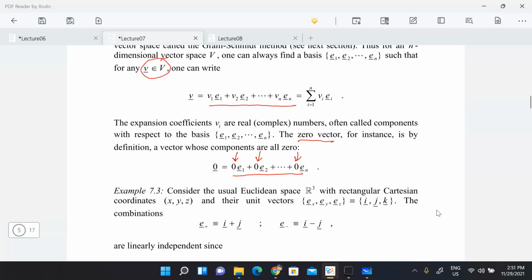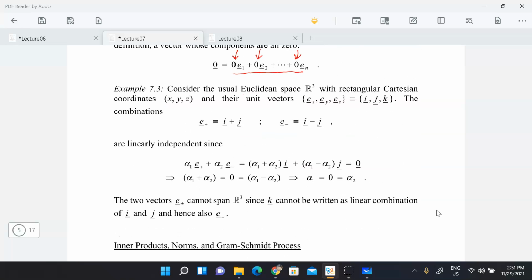So let's go through a slightly different example that probably you have not quite seen.